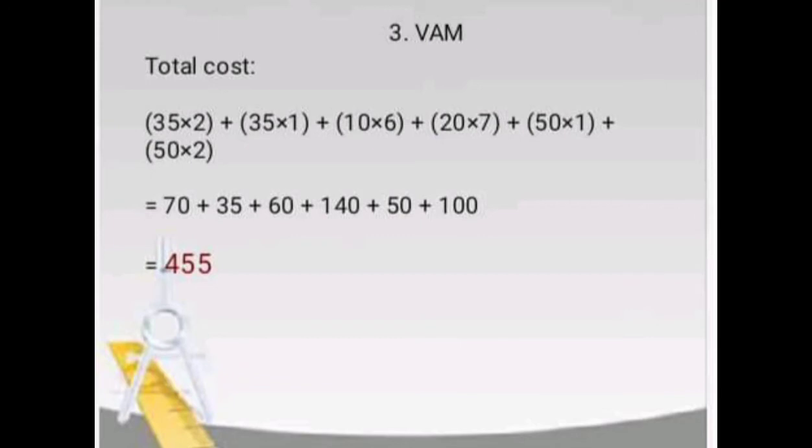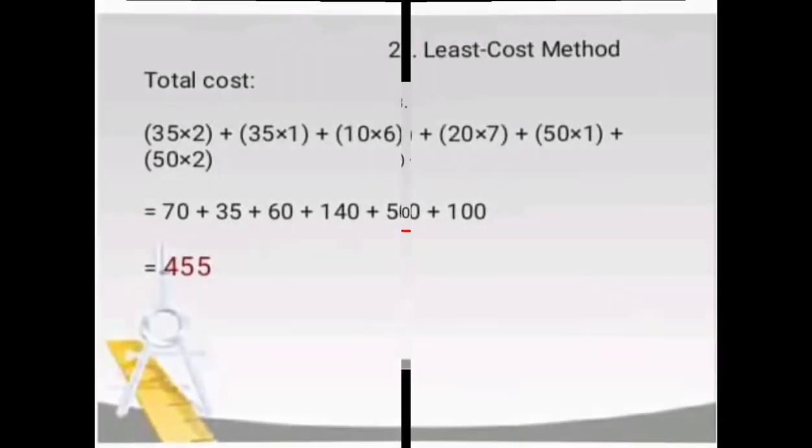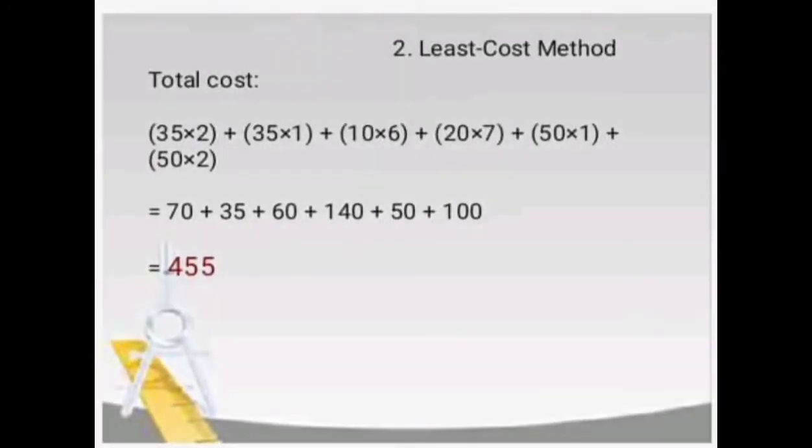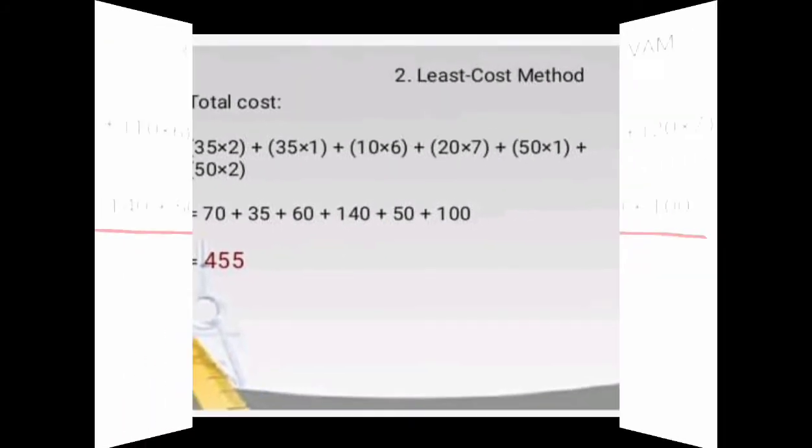Then 35 into 1 equals 35. 10 into 6, we have 60. 20 into 7, we have 140. 50 into 1 is equal to 50. 50 into 2 is 100. If we add these numbers, we get 455, the same as the least cost method. We also have 455.